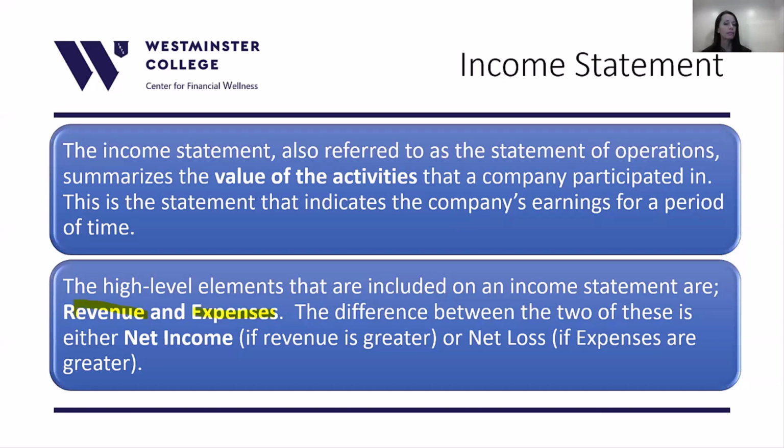And again, with expenses, there's another type of expense called a loss. So there are actually 4 elements: revenues and gains, and then expenses and losses. I'm just going to generically say revenues and expenses for now. The relationship of those is that revenues minus expenses give us our net income. This is the financial statement that tells me how profitable a company is. Their bottom line, you'll hear that sometimes.